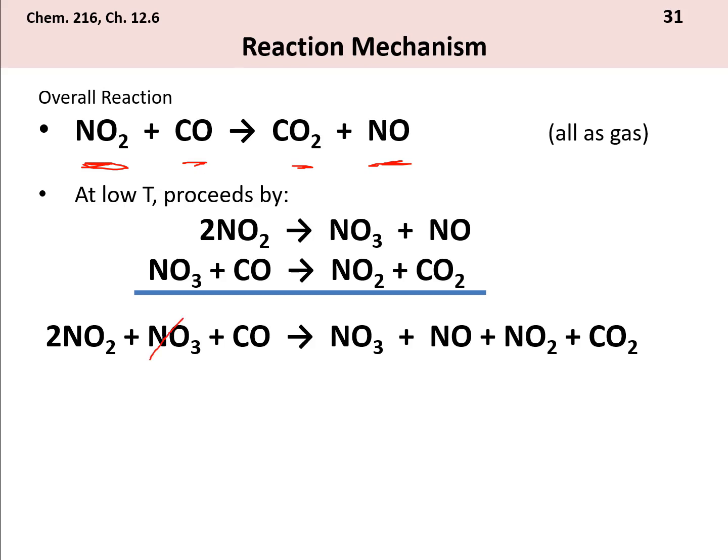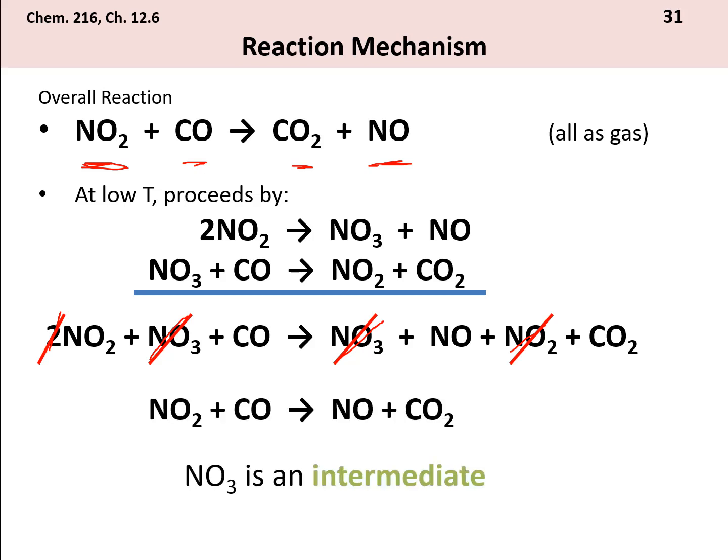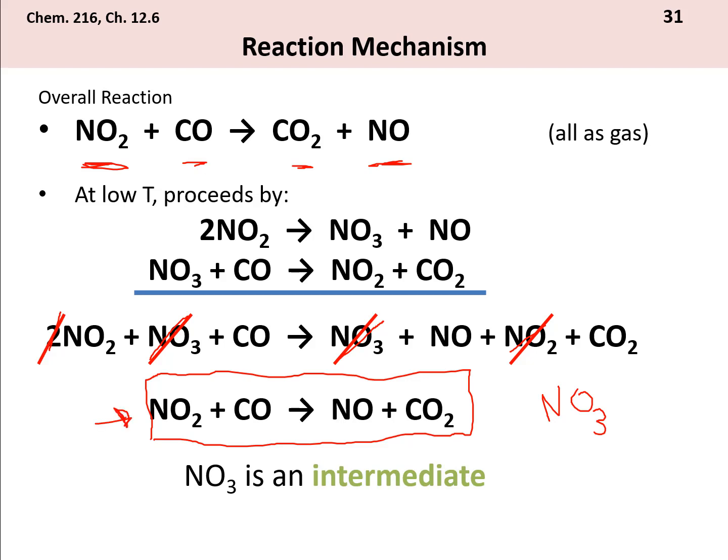So we can actually get rid of this, and then we can get rid of this one and this, right? And we have this reaction here, okay? Notice that NO3 is not in the overall reaction, right here. That's because NO3 is formed in one step and then goes away. NO3 is an intermediate, okay?